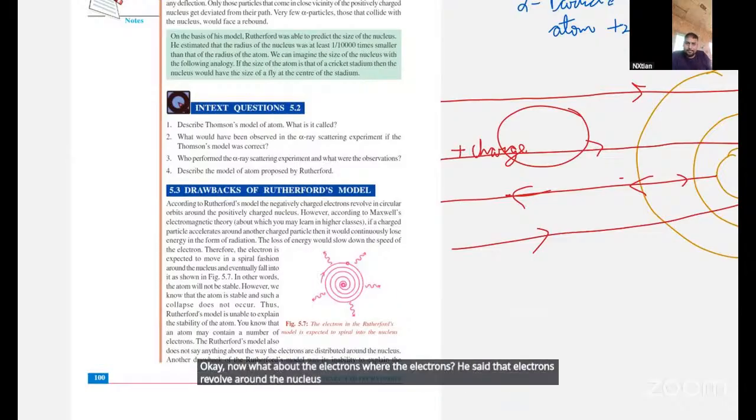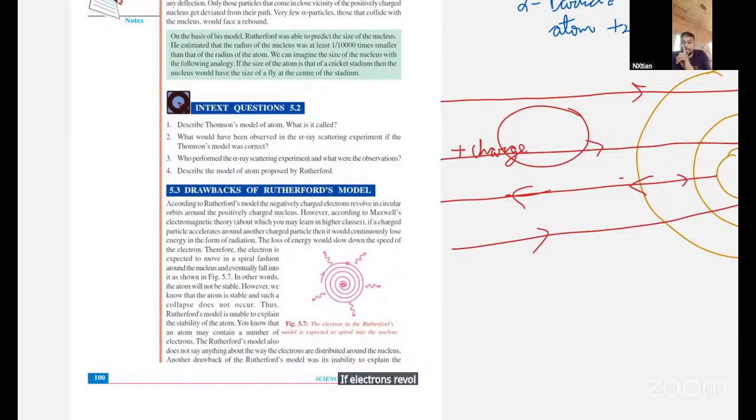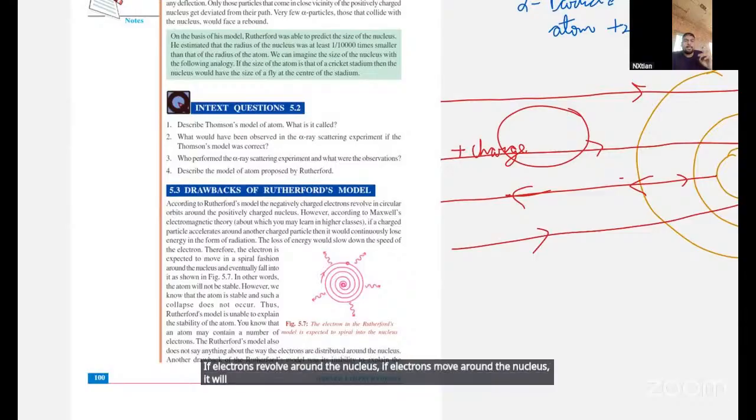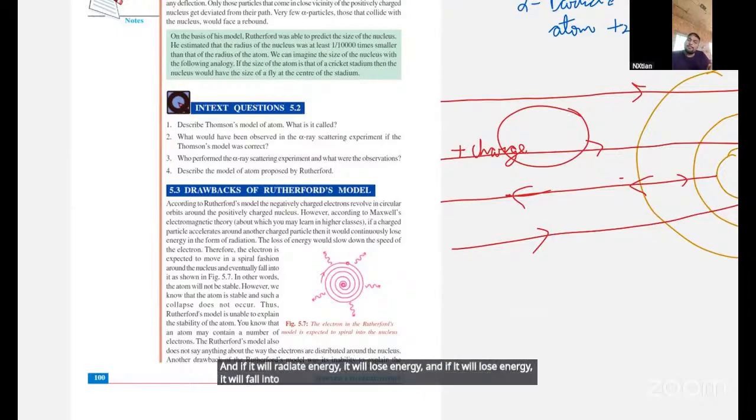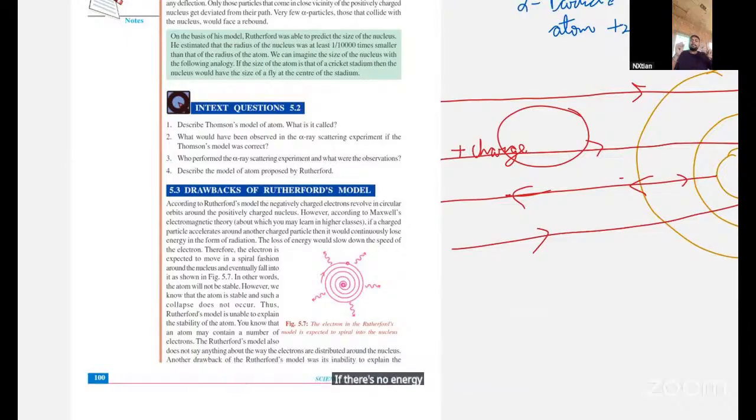If electrons move around the nucleus, they will radiate energy. And if they radiate energy, they will lose energy. And if they lose energy, they will fall into the nucleus after some time because there is no energy. If there is no energy, the positive and negative charge will attract.